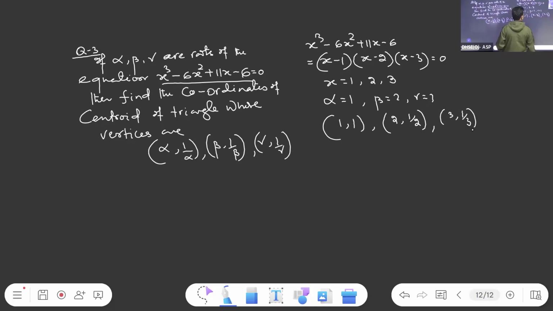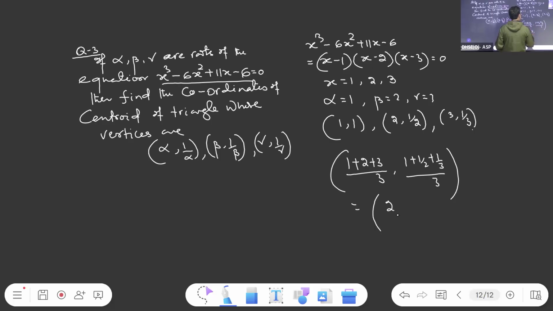We are asked to find the coordinates of the centroid of the triangle. Coordinates of the centroid are 1 plus 2 plus 3 by 3, and 1 plus 1 by 2 plus 1 by 3 upon 3. This is equal to 6 by 3, which is 2.